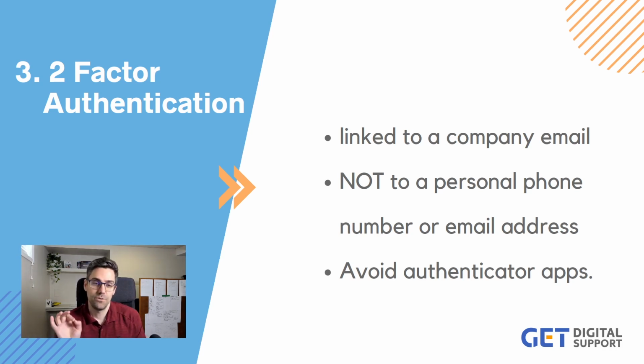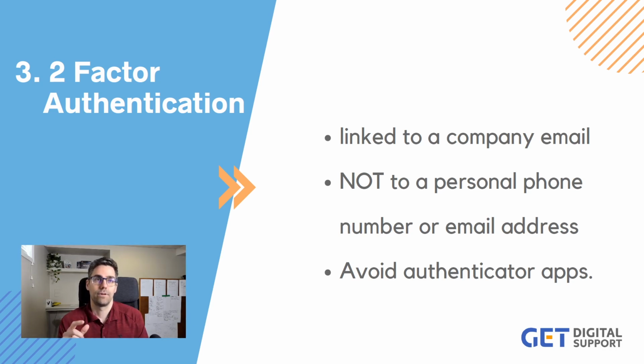But here's the key to setting up two-factor authentication for specifically a charitable organization where you have lots of people who might be accessing this account. The key thing is that you need to link it to a company email, not a personal phone number or personal email address.